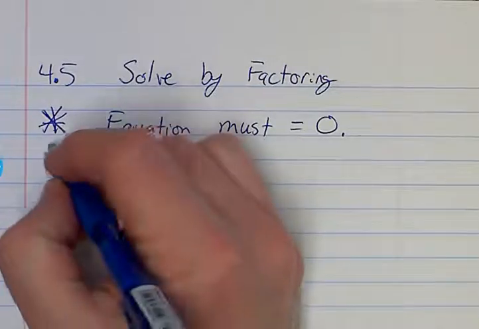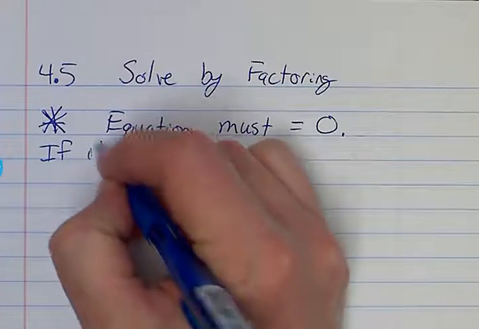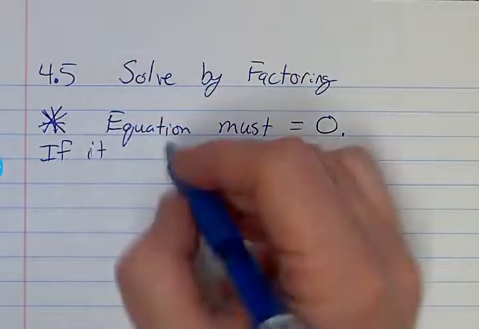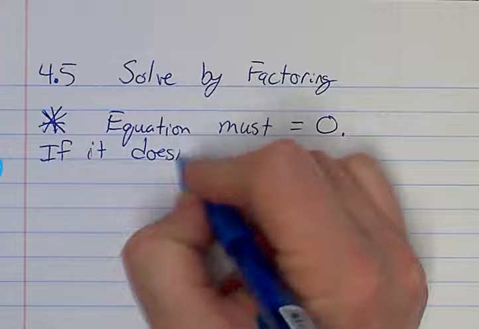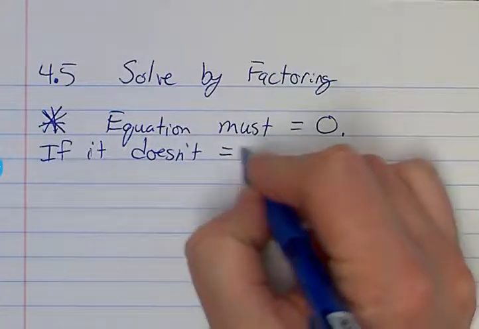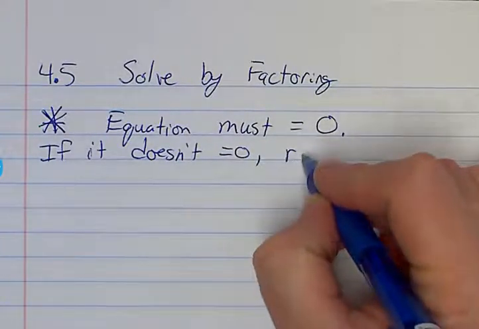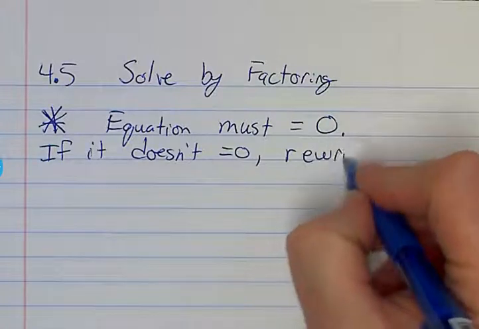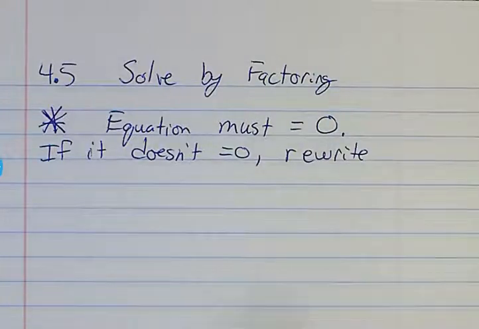All right, if it is not set equal to 0, if it doesn't equal 0, just rewrite the equation, which means you're going to have to add and subtract some terms and move some things to the left side or the right side or whatever you need to do.